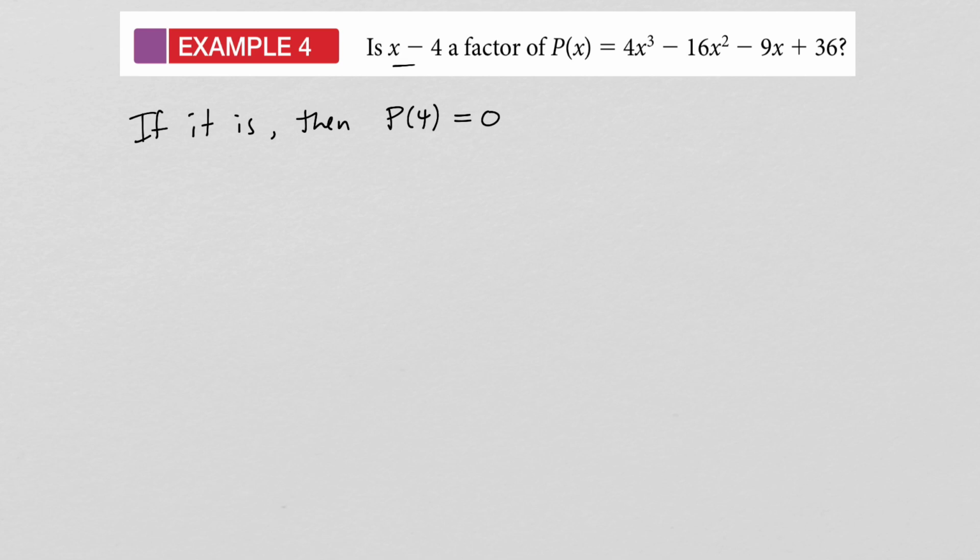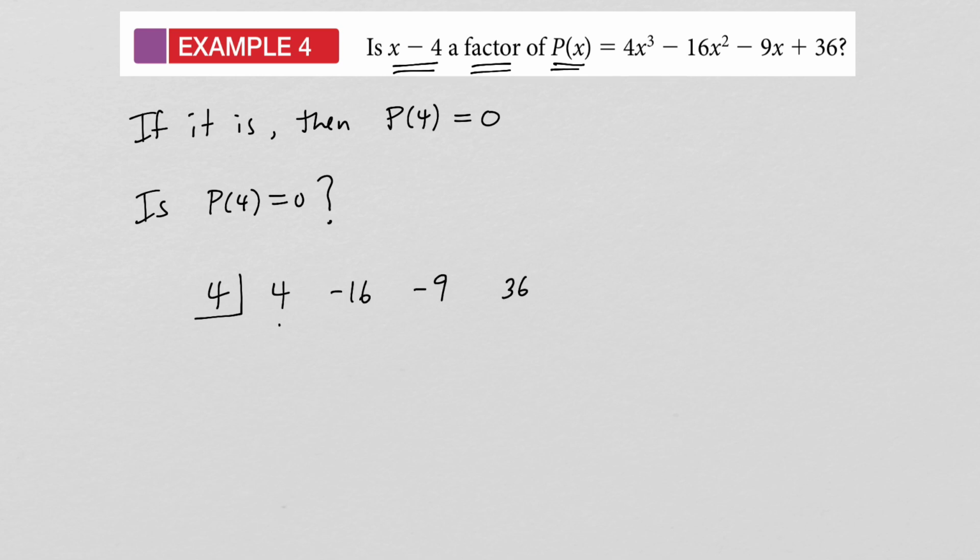So when they ask, is x minus 4 a factor of p of x, what we're really asking is p of 4 equal to 0? So let's answer that question. Let's use synthetic division. We'll put 4 in the box. We have 4x cubed, negative 16x squared, negative 9x, and positive 36.